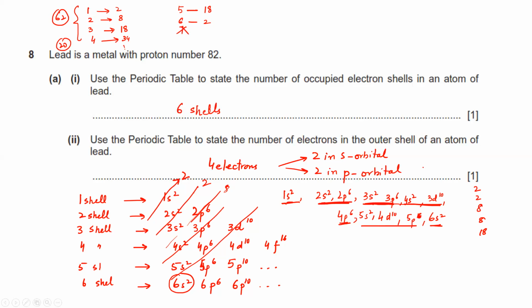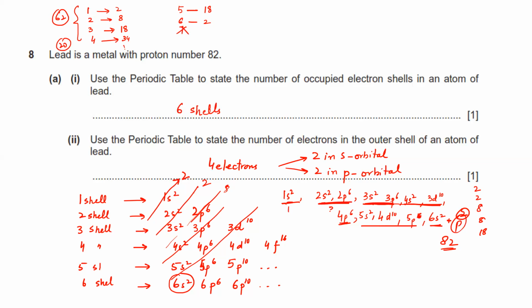So these are the electrons remaining: 6s2 plus the next p orbital, which gets 2. If we add them all, this will be 82. So this is how you get 4 electrons.